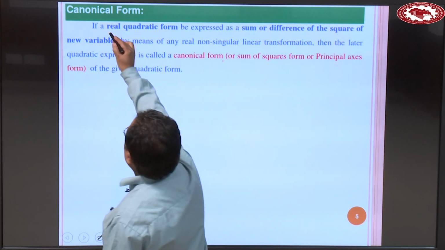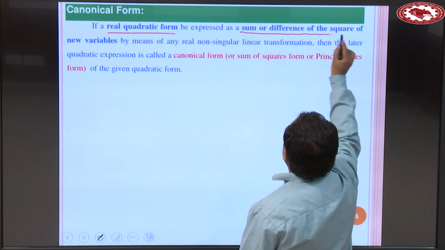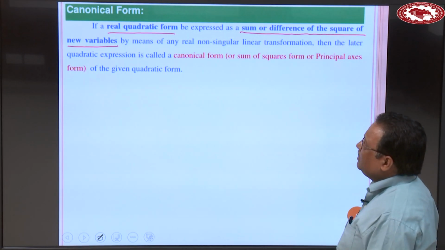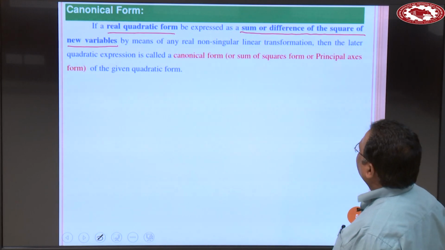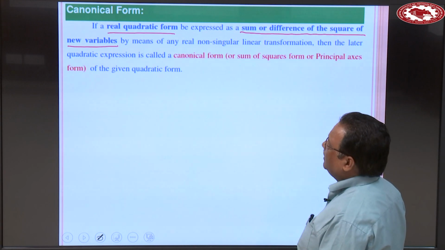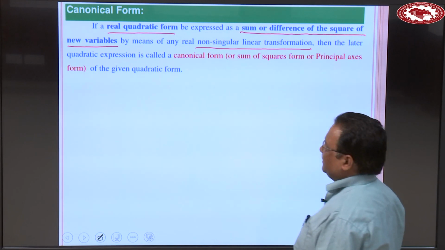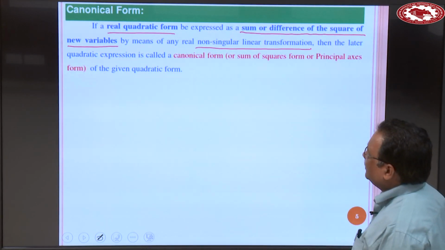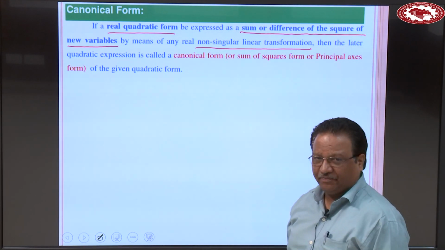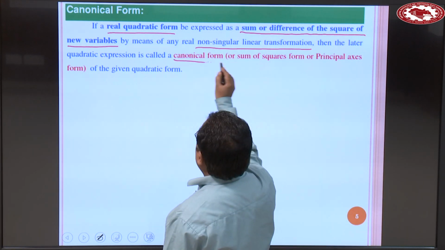If a real quadratic form be expressed as a sum or difference of the squares of new variables by means of any real non-singular linear transformation, then the latter quadratic expression is known as canonical form.